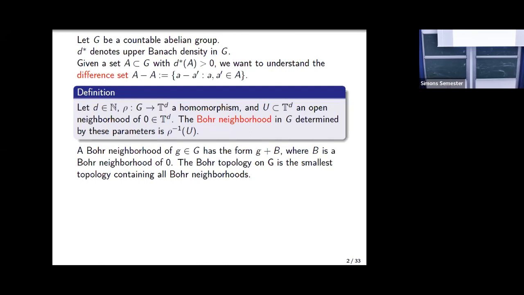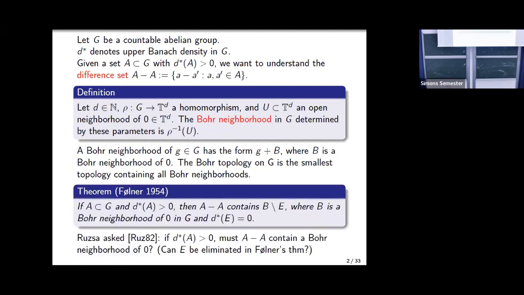Your Bohr neighborhood is just what you get when you pull back that open neighborhood through the homomorphism. So these are easy to understand. It's easy to compute with Bohr neighborhoods, and so they're natural things to look at in additive combinatorics.